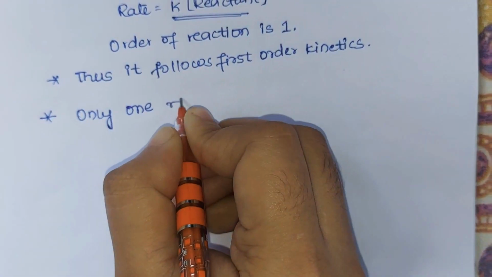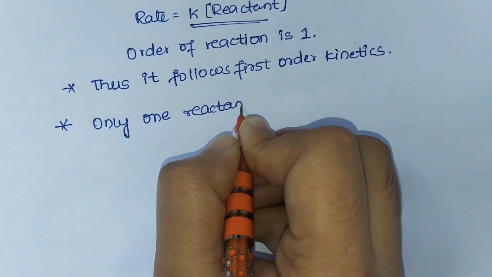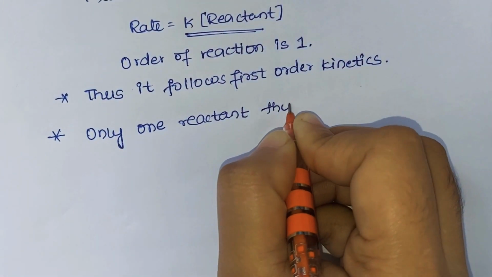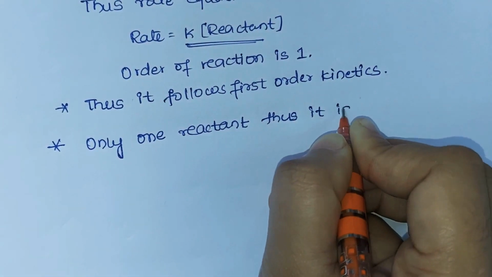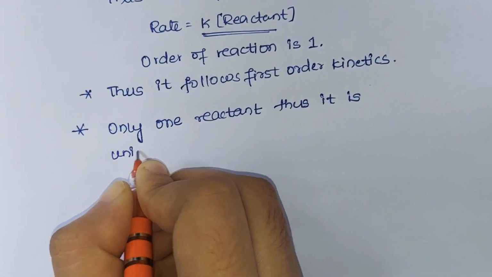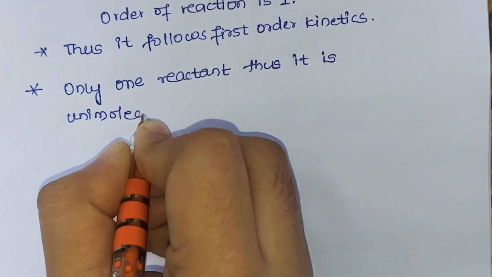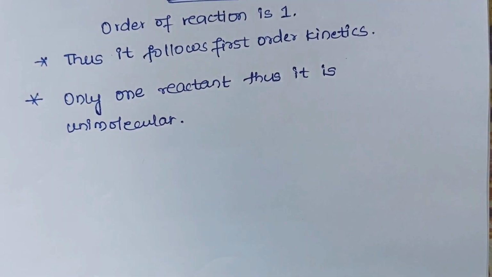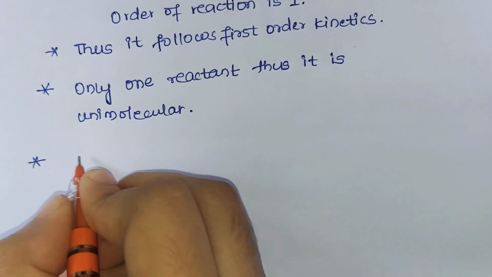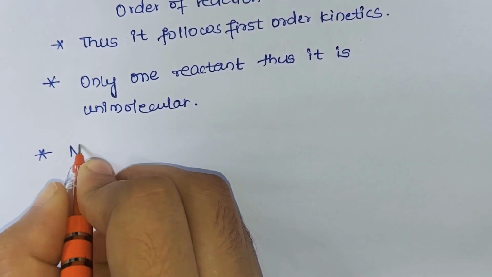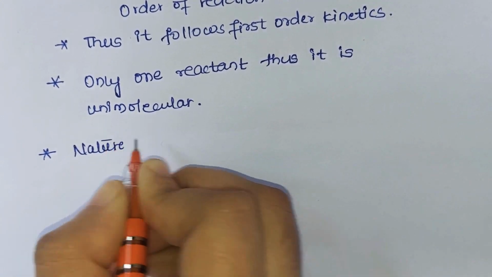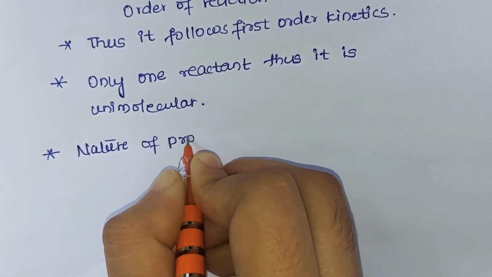Then let us discuss the molecularity. Since the rate determining step has only one molecule, that is the alkyl halide, the reaction is unimolecular. That's why the name of the reaction is SN1, that is substitution nucleophilic unimolecular reaction.